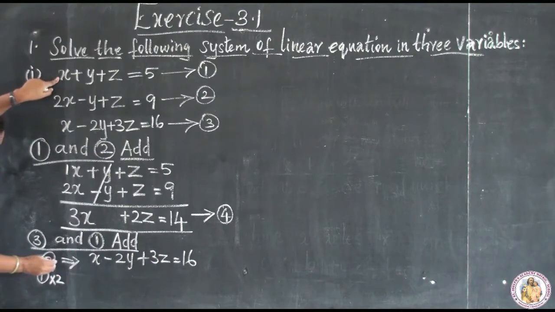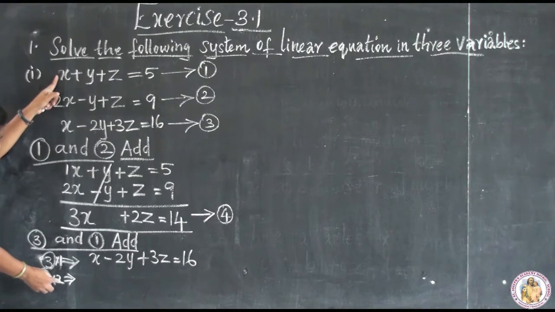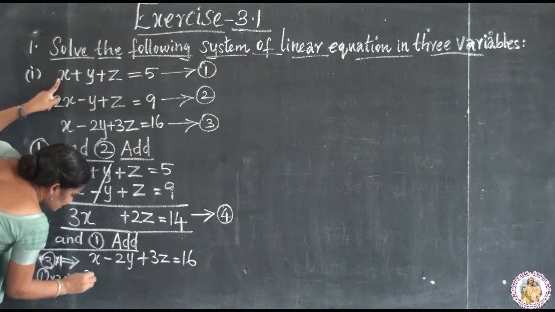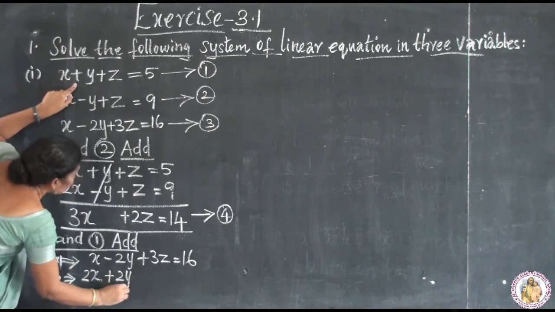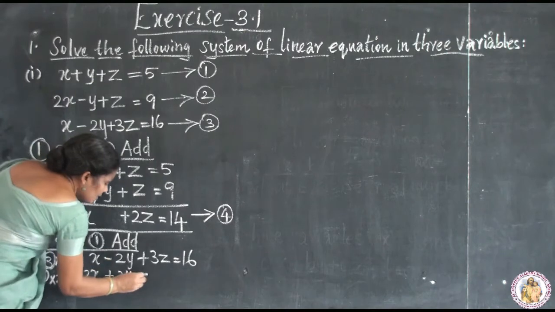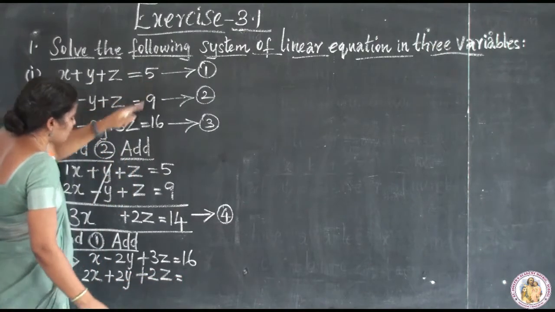Here you can even write the third equation. We didn't do anything, so write it as multiplied by 1. The first equation is multiplied by 2: 2 into x, 2x, plus 2 into y, 2y, plus 2 into z, 2z is equal to 2 into 5, 10.